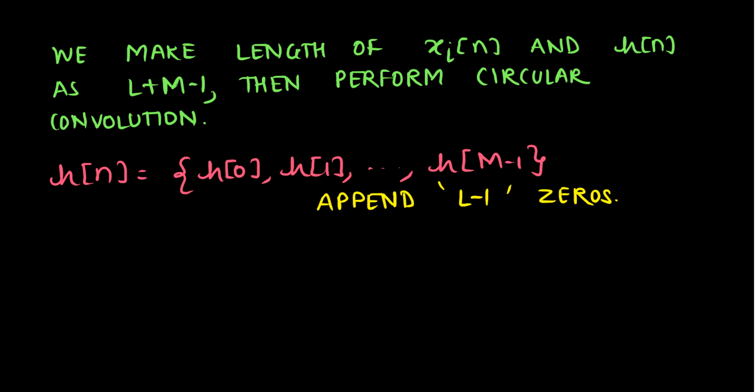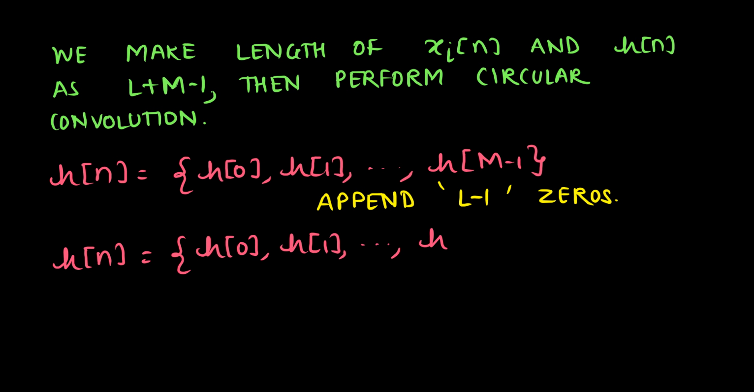So what we have is h of n as h of 0, h of 1, and so on till h of m minus 1, then we have 0, 0 and so on, and this is done L minus 1 times.